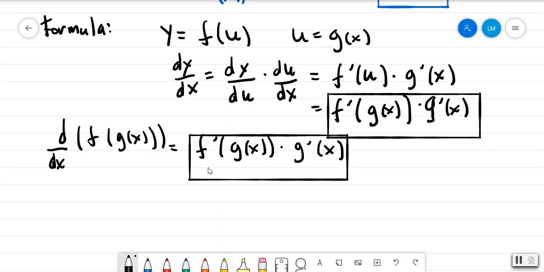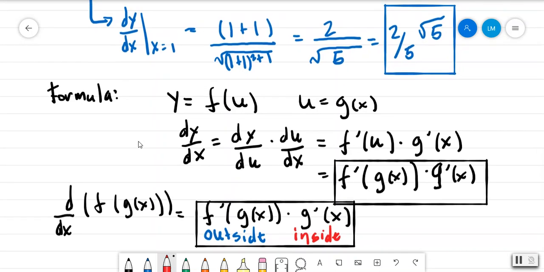What most people tend to say is the following. They'll use something called outside, and then they'll say that you have inside. The way that I look at it is that f prime is the outside and g of x is the inside. So you're always differentiating the outside, then the inside.